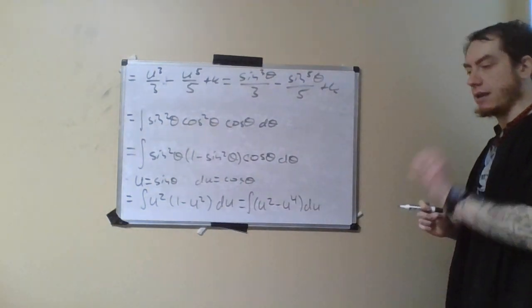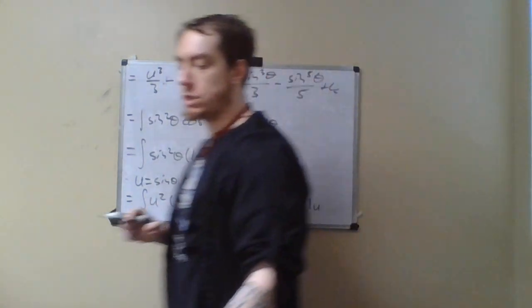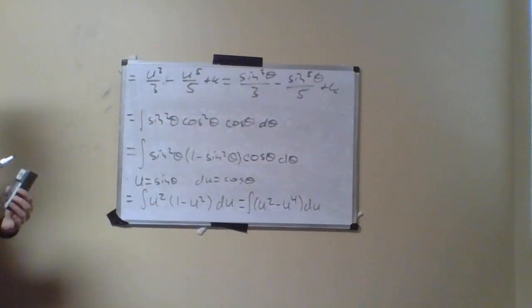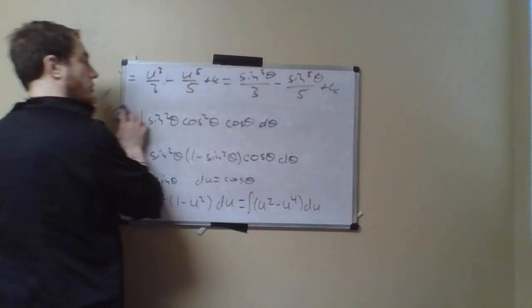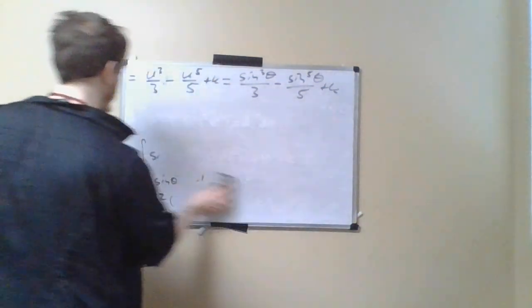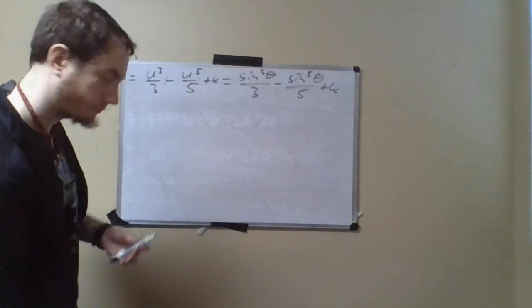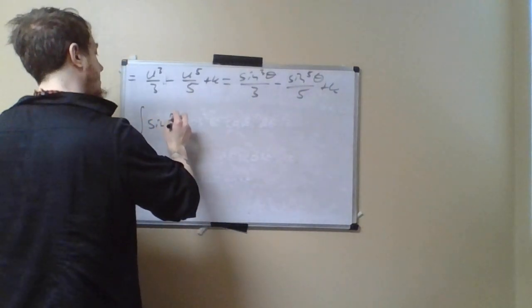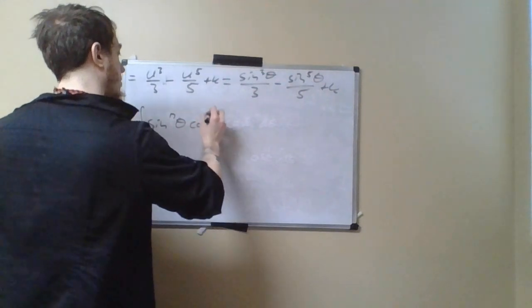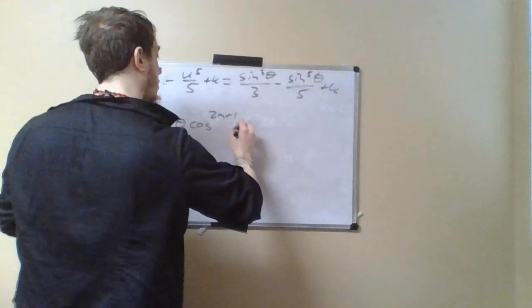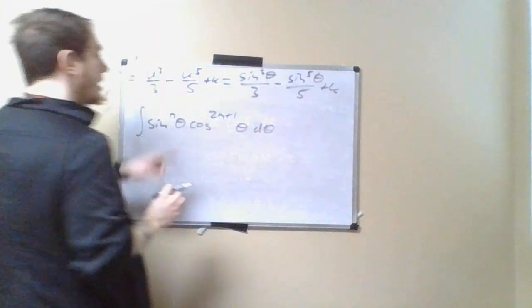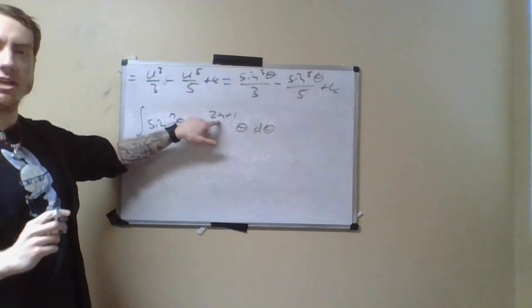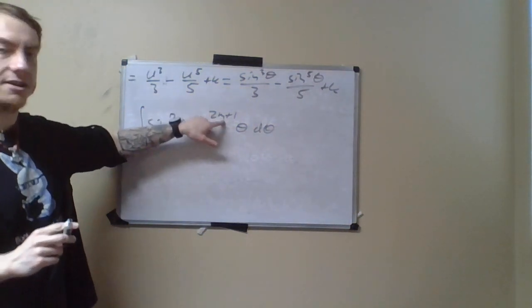And once again, this trick will always work as long as I have an odd power of cosine. So anytime that you see something that looks like the integral of sine to the n theta cosine to the 2m plus 1 theta d theta, notice, by the way, that 2 times an integer plus 1 is always odd.